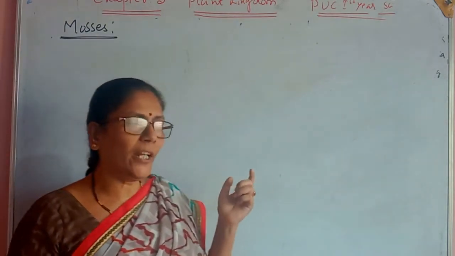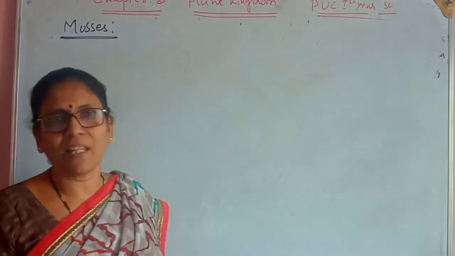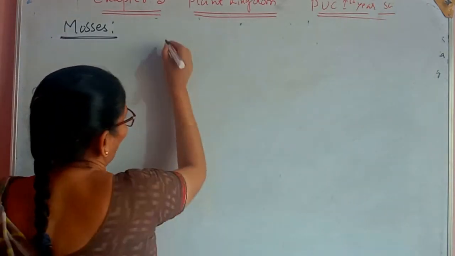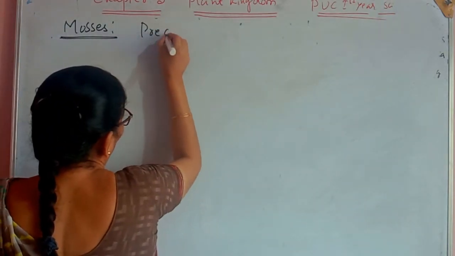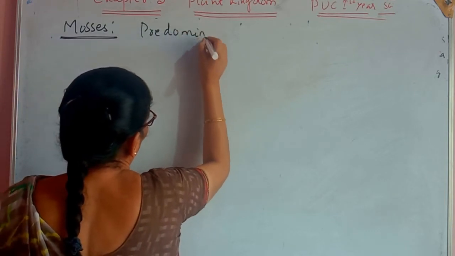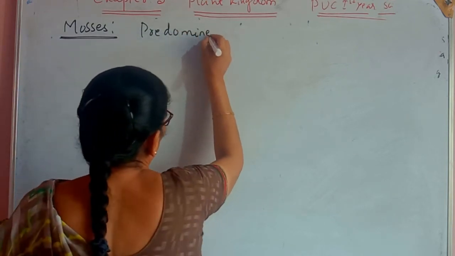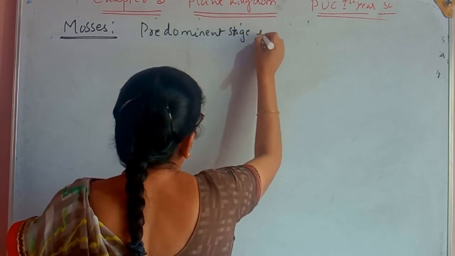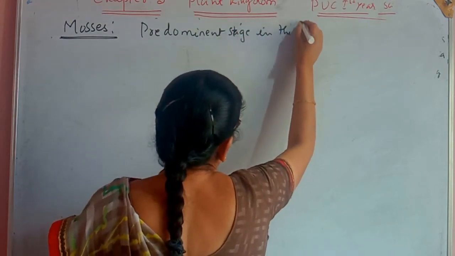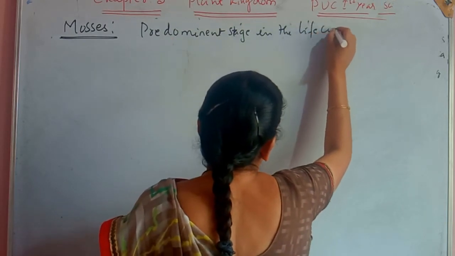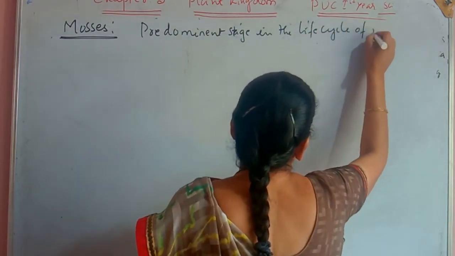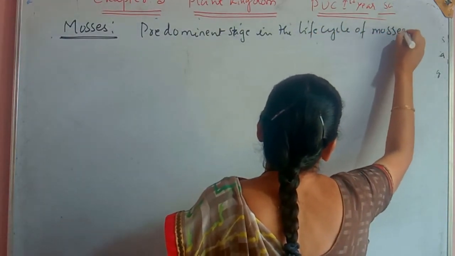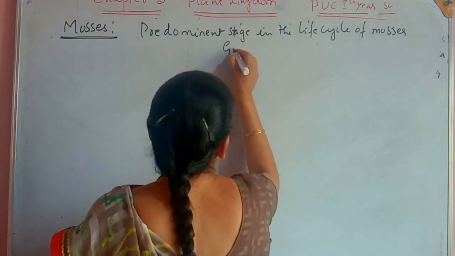The predominant stage in the life cycle of mosses is the gametophyte.